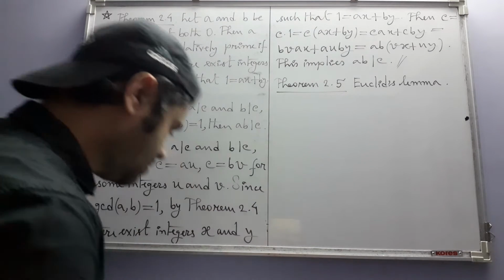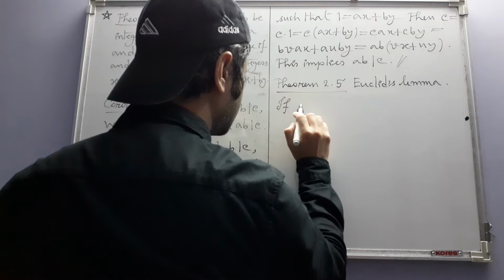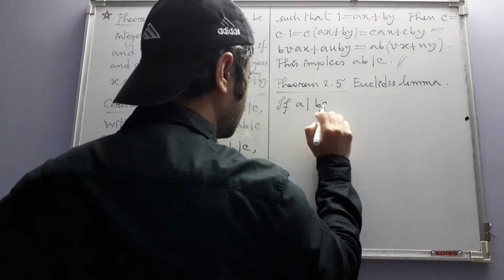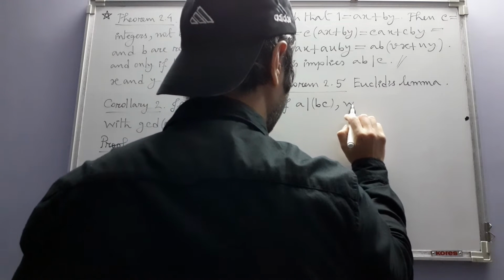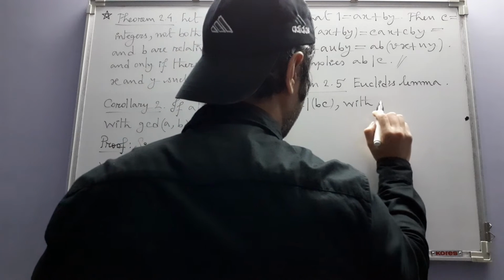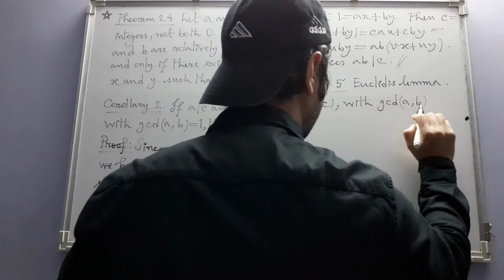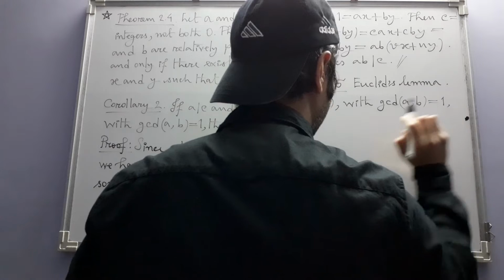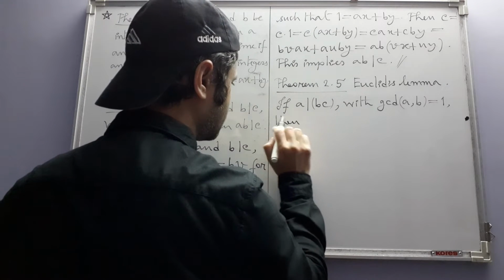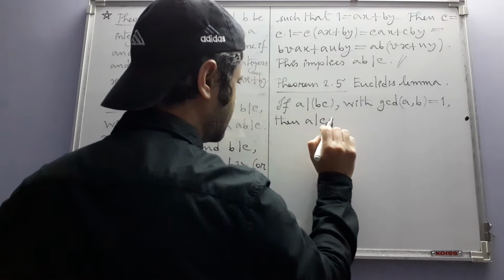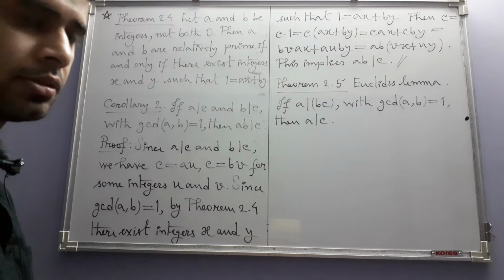And the statement is this: if a divides the product bc with a and b relatively prime, that is GCD of a and b is 1, then a divides c.